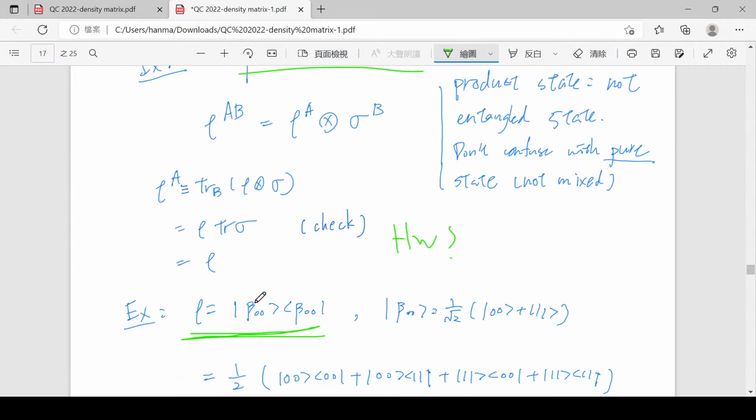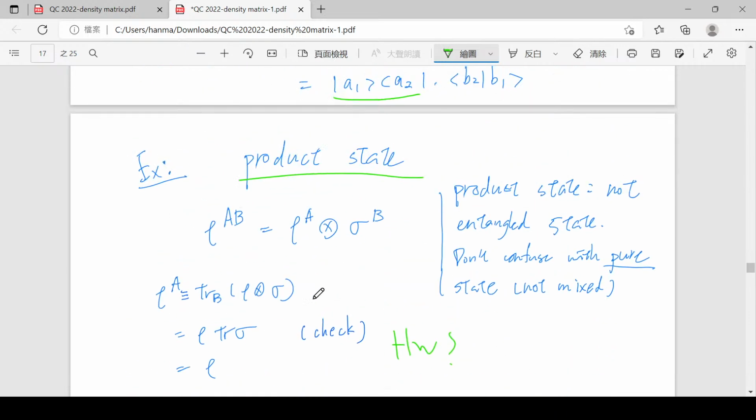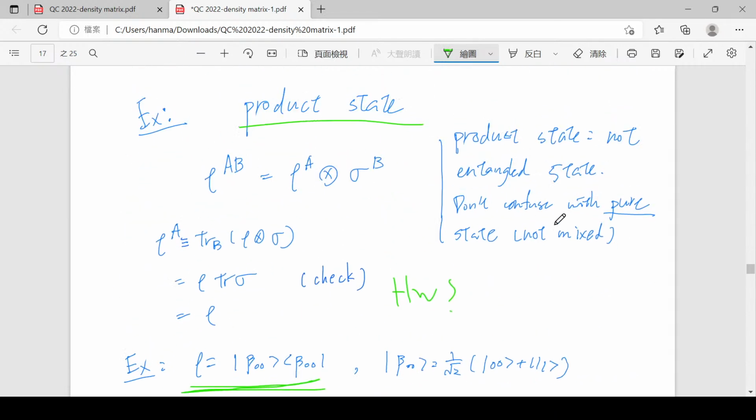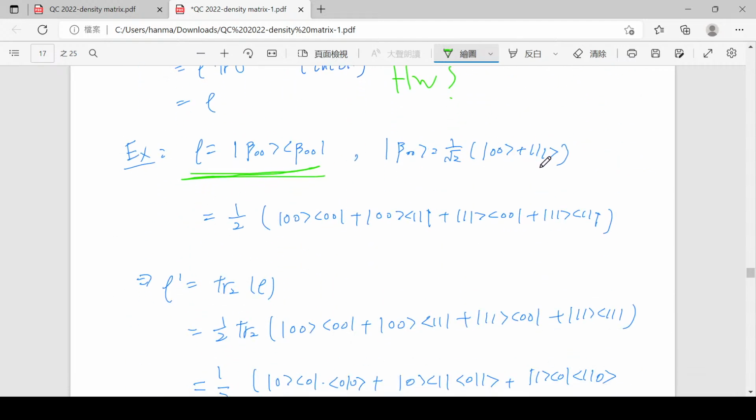And you can try to prove that this is an entangled state, so it's not a product state. When you write its density matrix, it should be |B><B|, and you just multiply everything out, then you get these 4 terms.